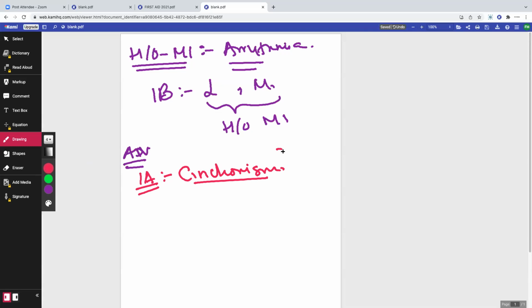The only drug that can cause cinchonism is quinidine. Do you know what cinchonism is? Cinchonism is a state where patients usually experience a lot of headache and a lot of tinnitus.